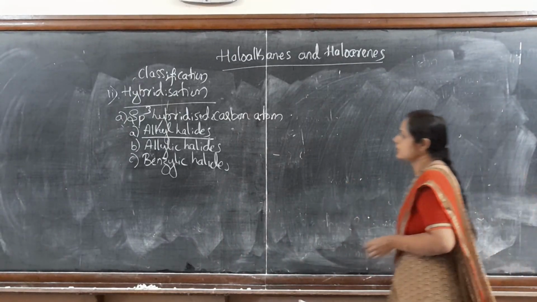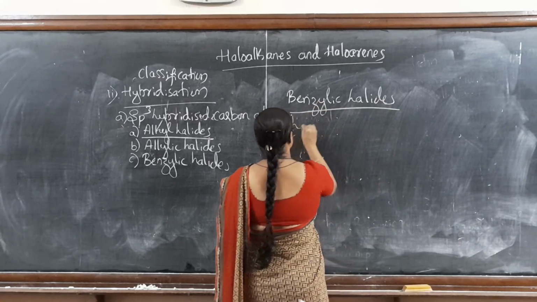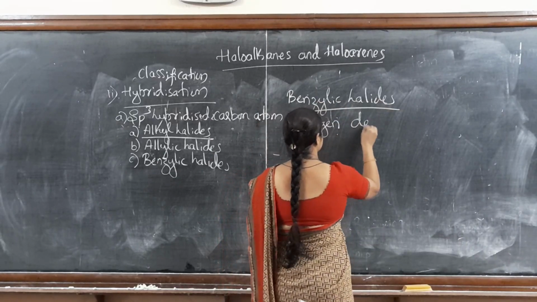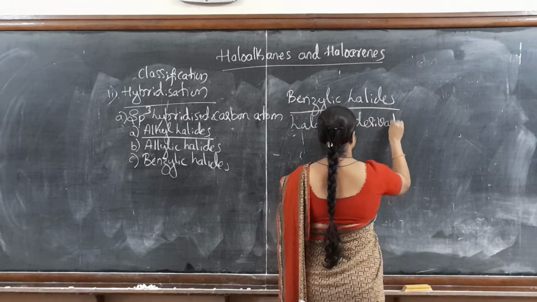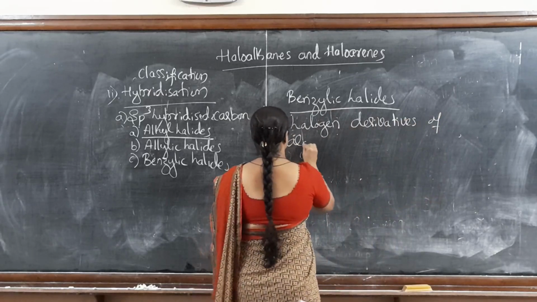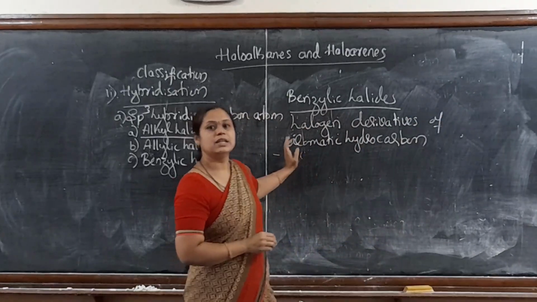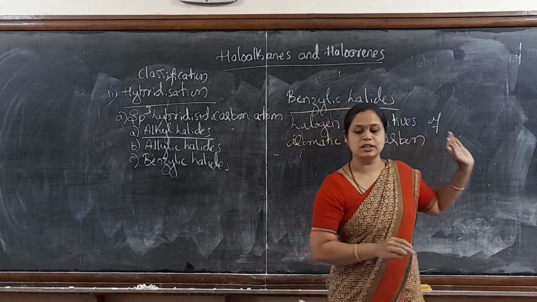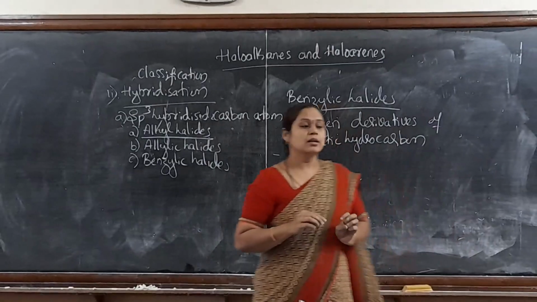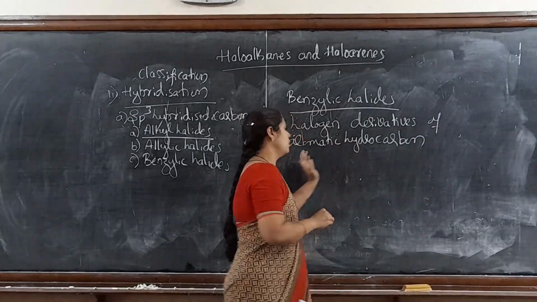So the next one is the benzyl halides. They are the halogen derivatives of aromatic hydrocarbons, where the halogen atom is attached to the saturated carbon adjacent to the aromatic ring.